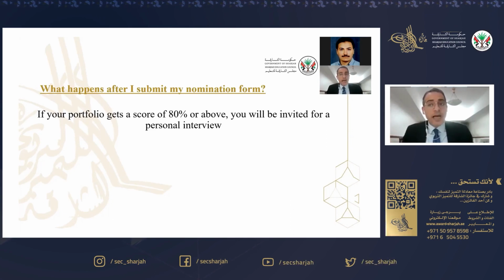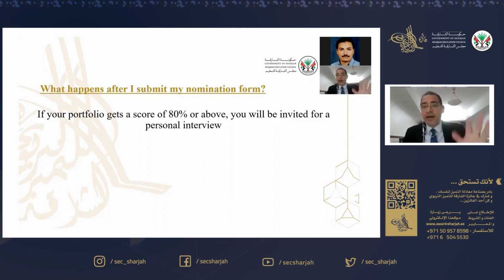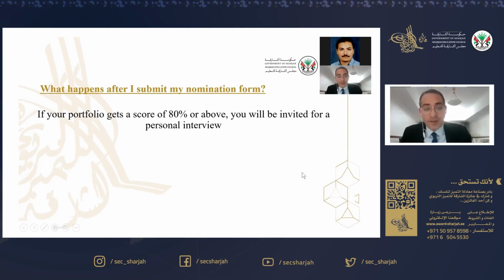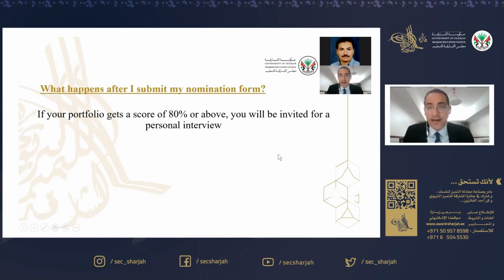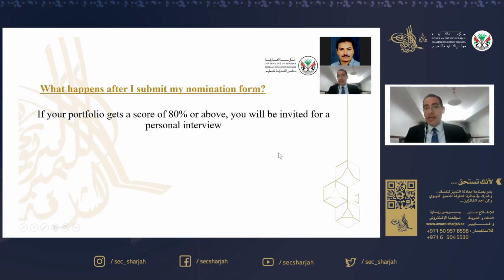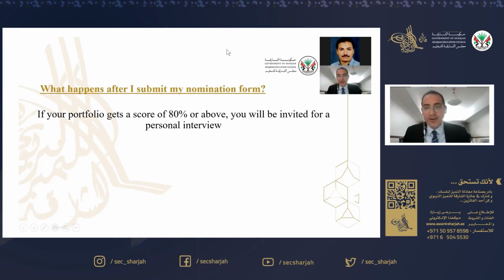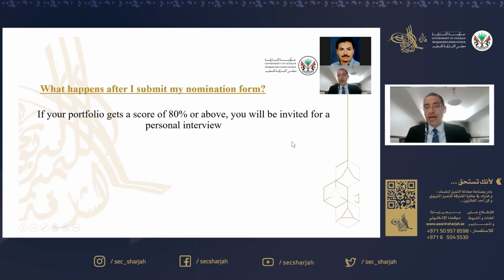If your portfolio gets a score of 80 and above, you will be shortlisted and you will be invited for a personal interview. Upon completion of the interview, successful candidates will be granted the awards. And I hope to see all of you at the stage in July 2021, inshallah.